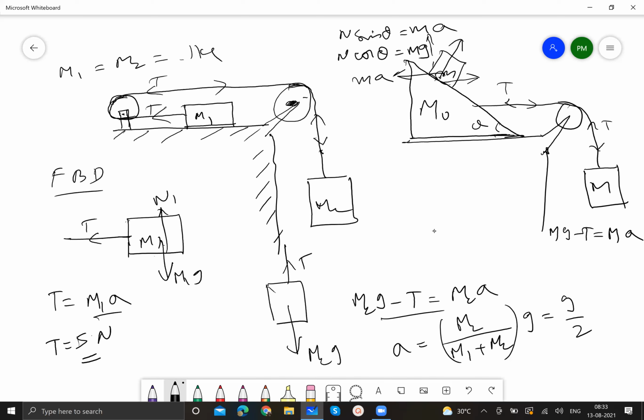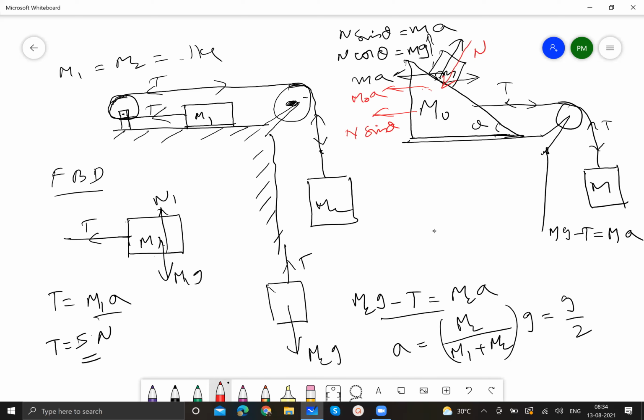here is the normal reaction on it because of this block placed on the wedge. This is the normal reaction, and this is of course m naught a, the pseudo force, and this will be the horizontal component of the normal reaction.